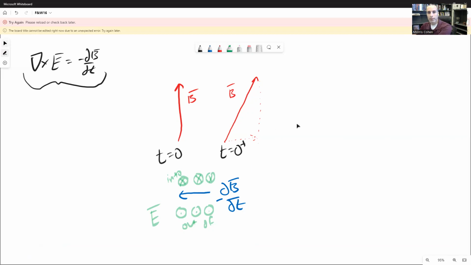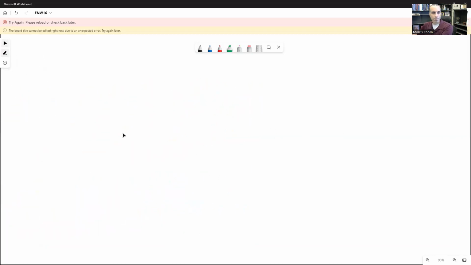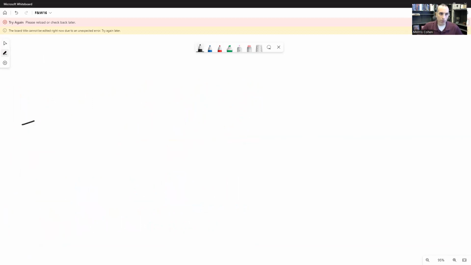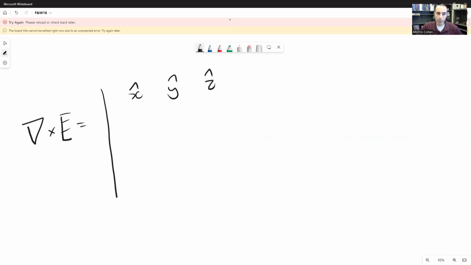Let's try to write this down a little more mathematically, though, and expand the definition of that curl. The curl of the electric field, we can write as a three-dimensional determinant with x-hat, y-hat, and z-hat on the first row. The second row, we're going to put the del operator, which is the derivative with respect to x, the derivative with respect to y, and the derivative with respect to z.